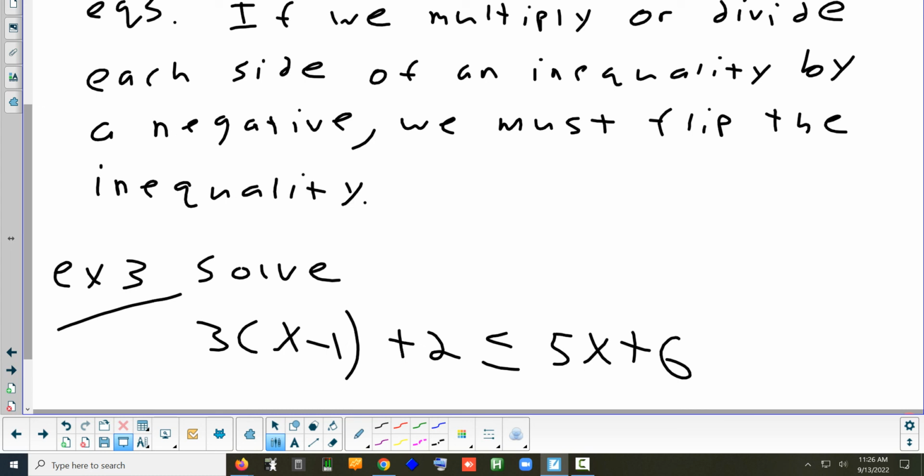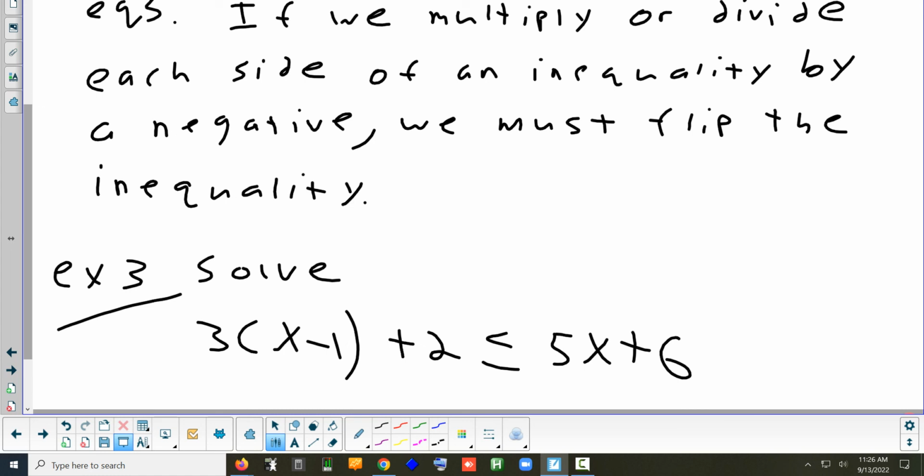So let's look at this one. It says 3 times (x minus 1) plus 2 is less than or equal to 5x plus 6. What would be my first step? Simplify. And what would you do to simplify?